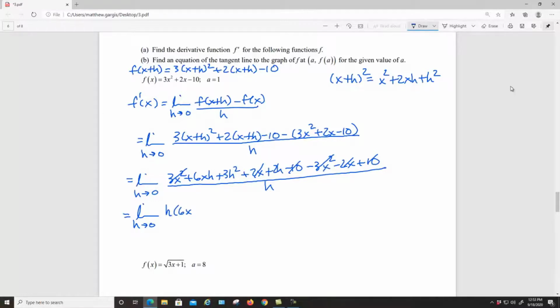So I get h times 6x plus 3h plus 2. And then my h's cancel, so I'm left with the limit as h approaches 0 of 6x plus 3h plus 2, and then I can plug in 0 for h and I get something that is defined, and so I would get 6x plus 0 plus 2, so the derivative function is 6x plus 2.